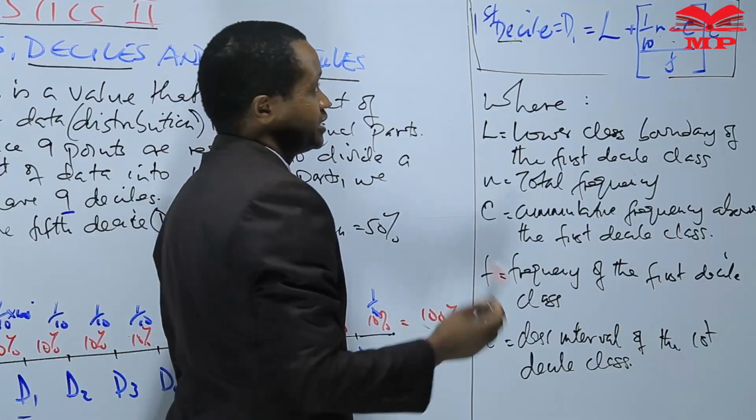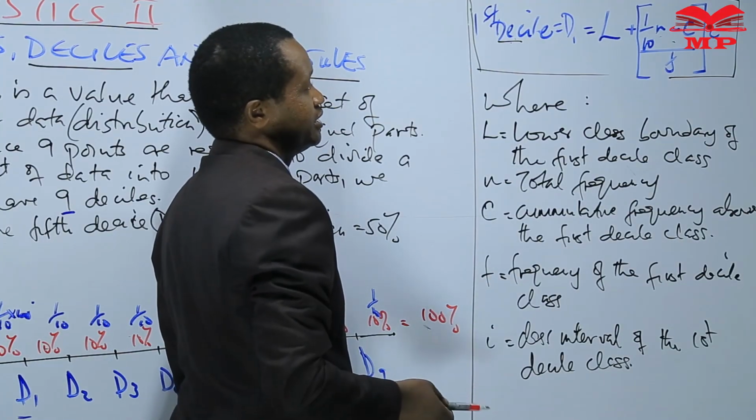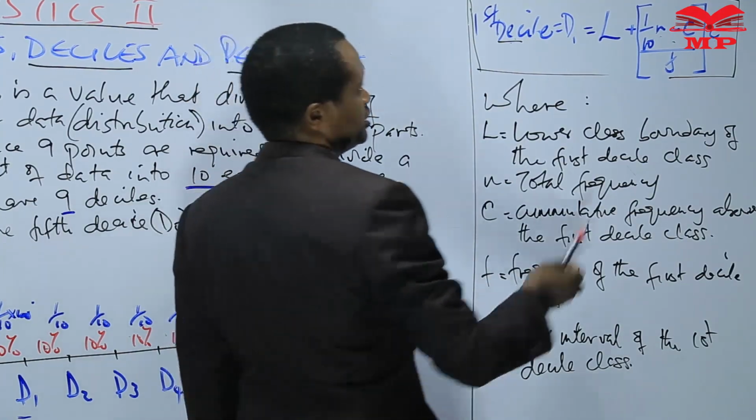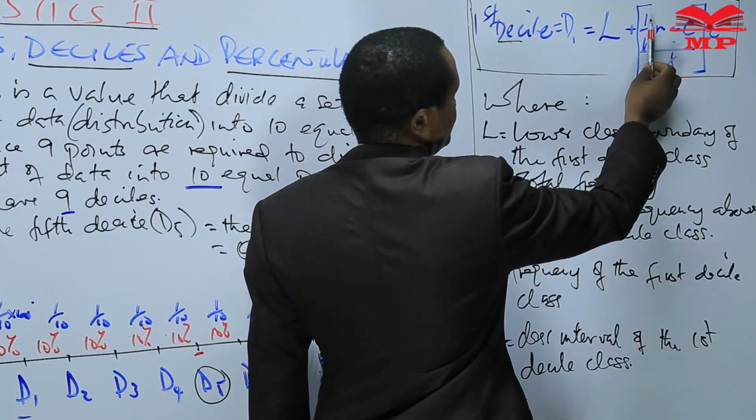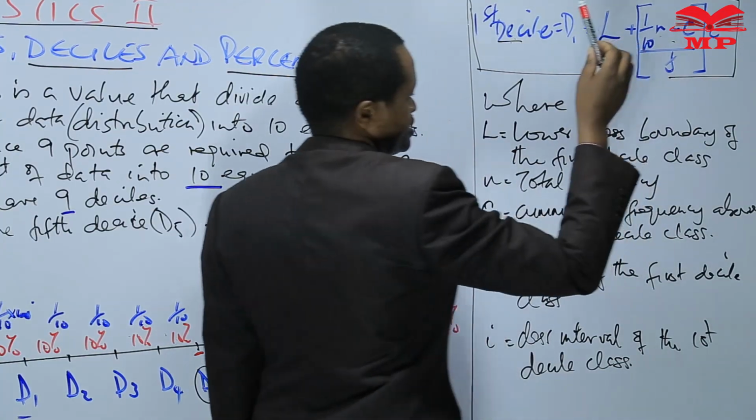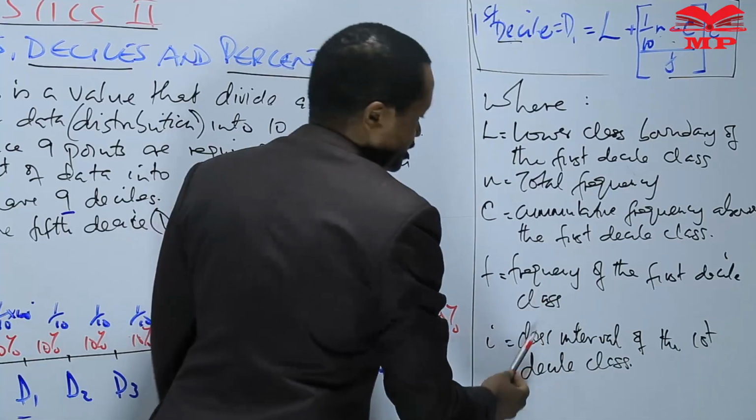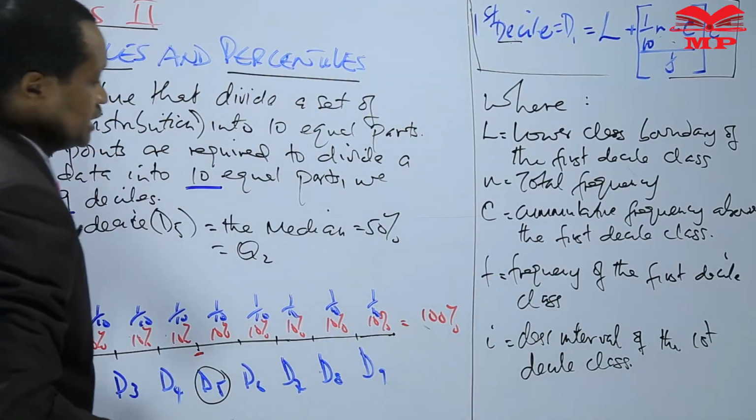If you are calculating the second decile, the formula will change. This is the only thing that will change here. We'll have 2 over 10 times n, then we'll adjust the variables accordingly.